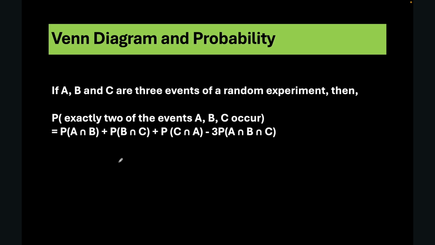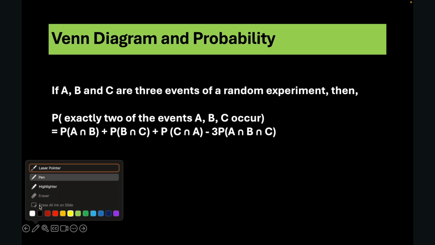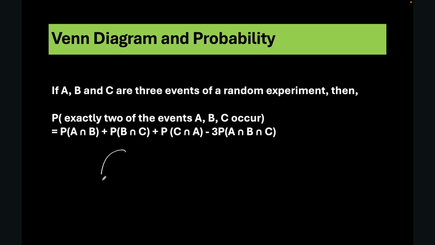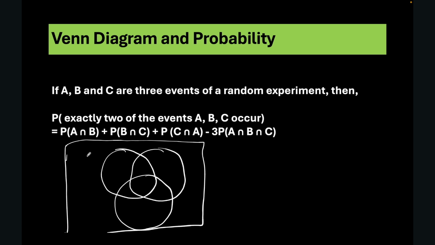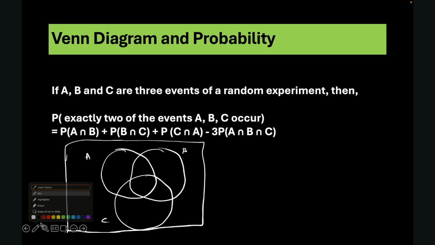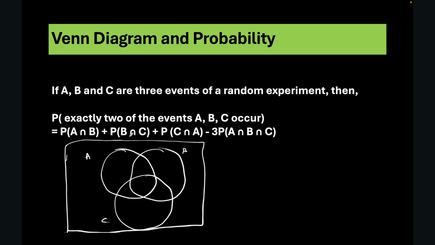We just care about two. Okay, so let's break it down again. Let me change the color, and let me draw a Venn diagram again. I have A, B, and C. So what I'm really looking for is exactly two events.